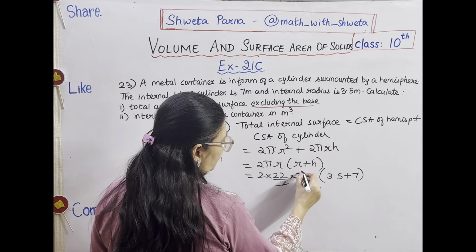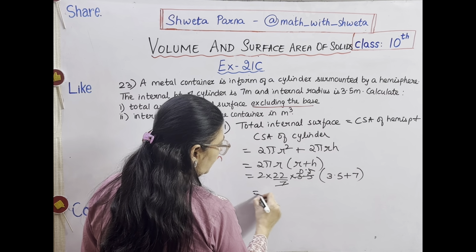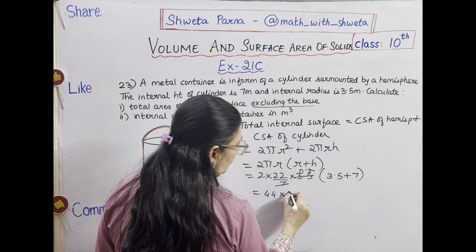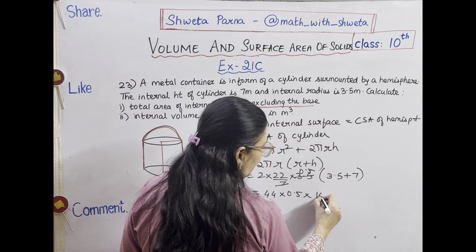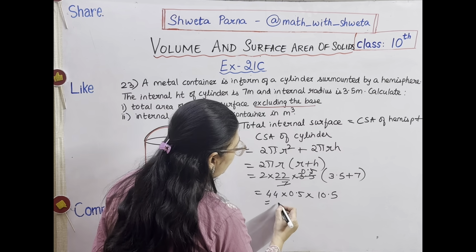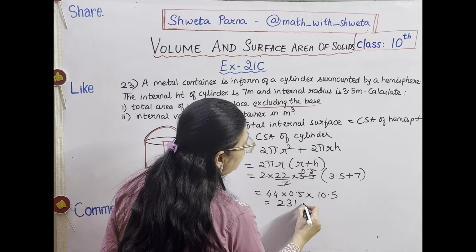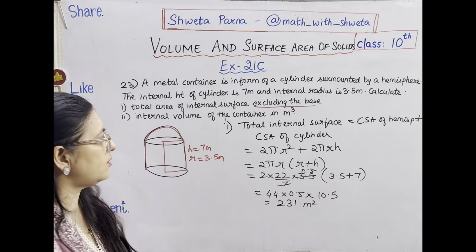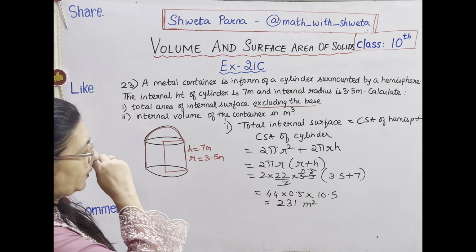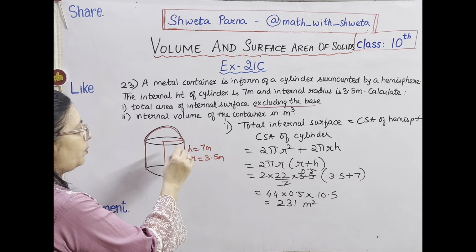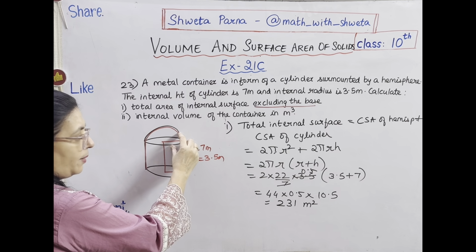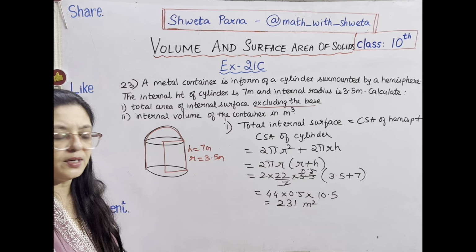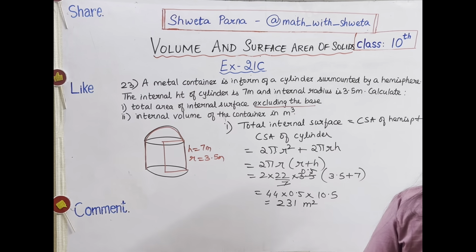So 7, 0.5. So it is 44 into 0.5 into this would be 10.5. So it is 231 meter square. This is the total internal surface. Now we need to find the internal volume. Internal volume means volume of the hemisphere plus volume of the cylinder. Let's find.